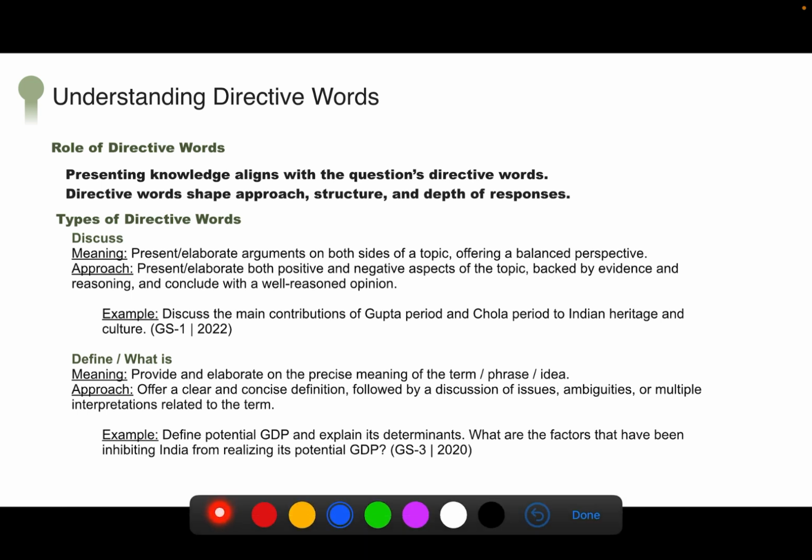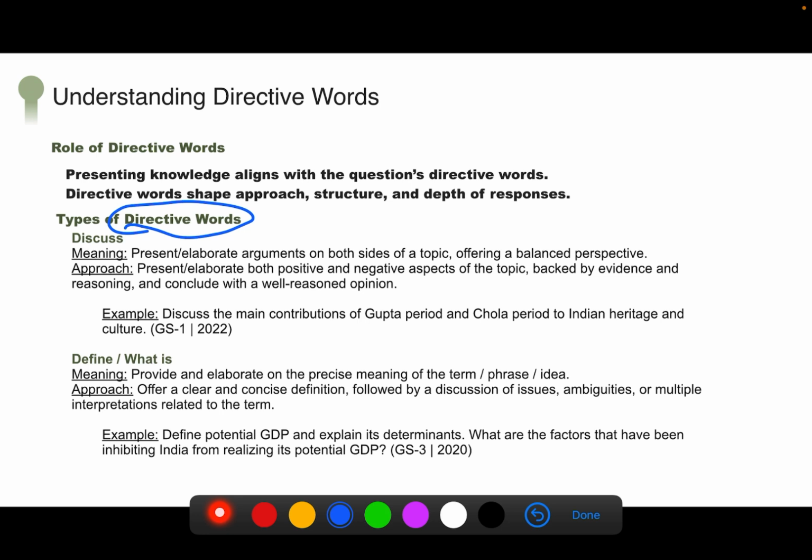See, if you observe a UPSC previous year paper or any question, here they will be giving a clear directive of how to approach the exam or how to approach the question. The question itself gives a directive on how to understand and how to analyze the question.